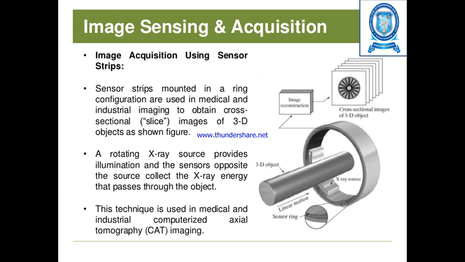Next, you can see a single sensor mounted in a ring configuration. In the case of slices, this is implemented and plays a major role for 3D objects. Up to now we saw 2D image processing; now we are seeing 3D image objects, like X-rays or CAT, computerized axial tomography imaging.